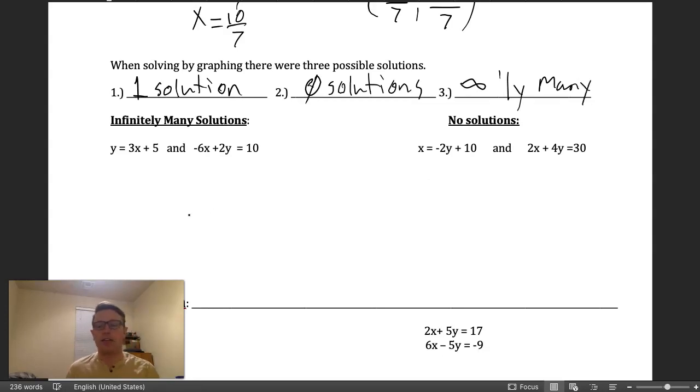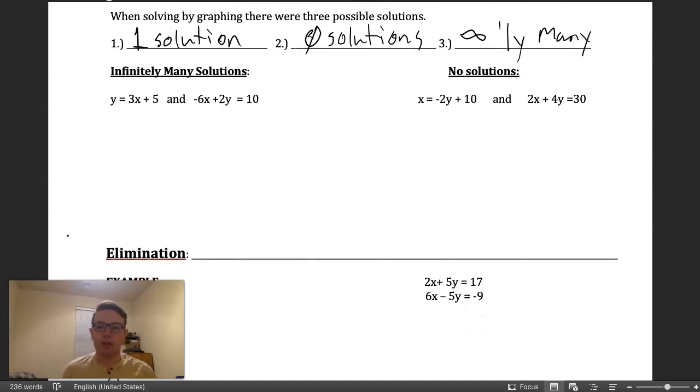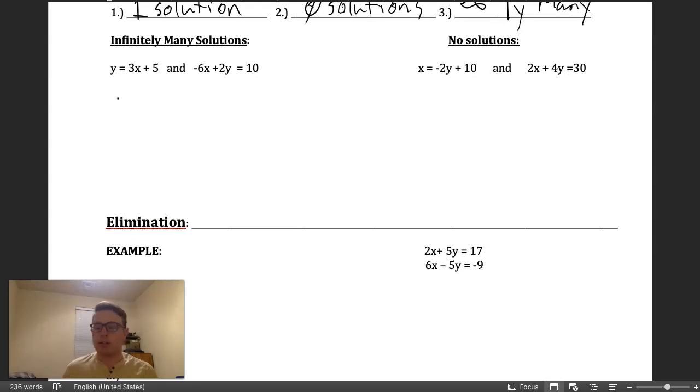Let's take a look at how those last 2 will work out when we're solving by graphing. When we're solving by graphing, or substitution, why do I keep saying graphing? When we're solving by substitution, we're going to substitute this in for y. So this becomes minus 6x plus 2 times 3x plus 5 is going to be equal to 10.